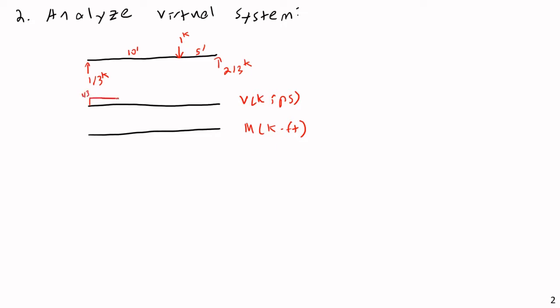Then we're going to be constant all the way to our point load, at which point we'll drop down by 1 kip and be down at negative 2/3. Then we'll remain constant at negative 2/3 all the way to the right hand side of the beam, where we'll jump back up to 0. And actually I think I'm going to write this a little bit lower so I have some room, in kip feet.